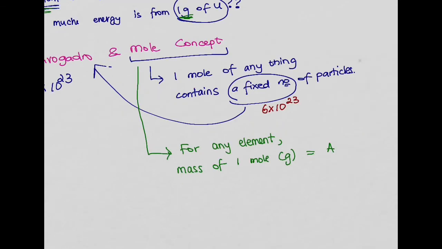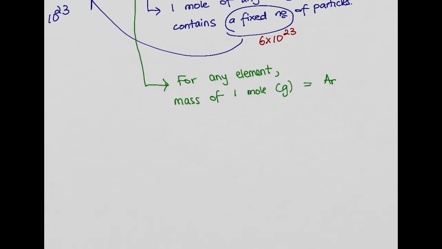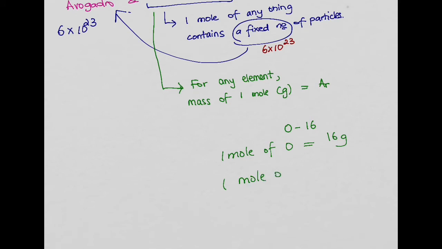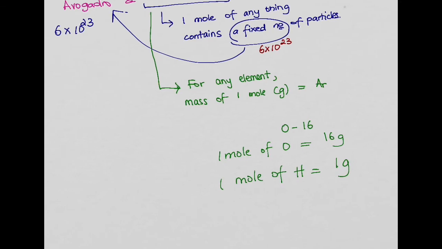It tells us that for any element, the mass of 1 mole of that element is going to be equal to the AR of that element, which means that if I have the element oxygen that has an AR of 16, then 1 mole of oxygen is going to be 16 grams. 1 mole of hydrogen, for example, is going to be 1 gram. 1 mole of magnesium is going to be 24 grams.